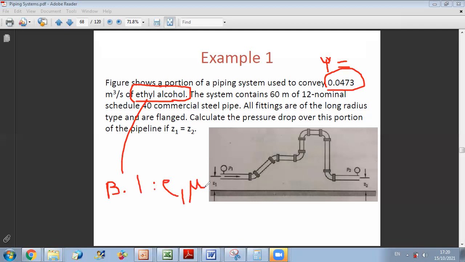Then you have the total length L of your duct system. You have the type of your piping system, so you can find the inner diameter: 12 nominal, schedule 40. So now I go to appendix D1 to be able to find the inner diameter. Okay. And why we said that it's commercial steel pipe, this will allow us to find what?